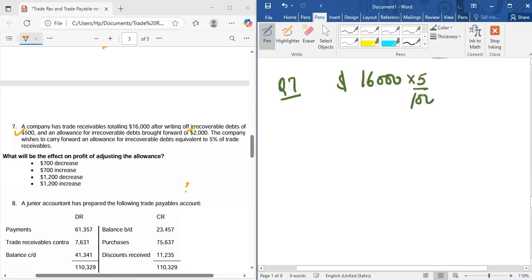Please do not subtract 500 and 2000 from 16,000, because this 16,000 is already adjusted for these. They have clearly written that this amount of 16,000 is after writing off irrecoverable debts and allowance. So directly calculate 5% of 16,000. So this would be $800. So the allowance is $800.